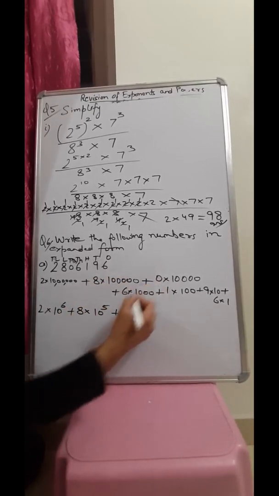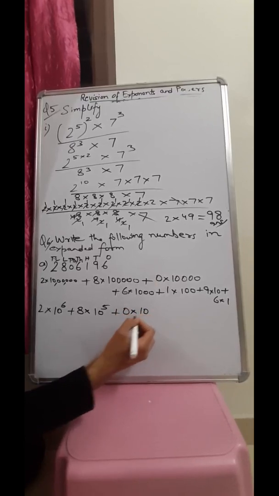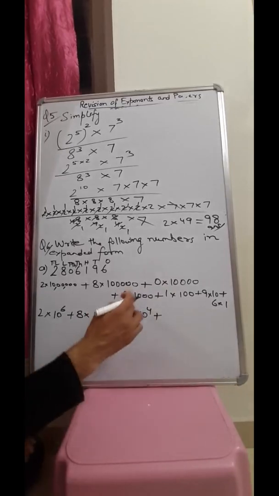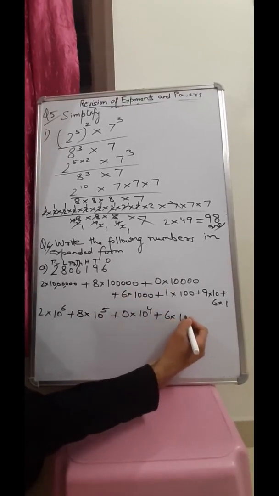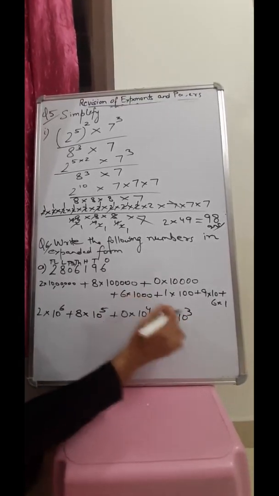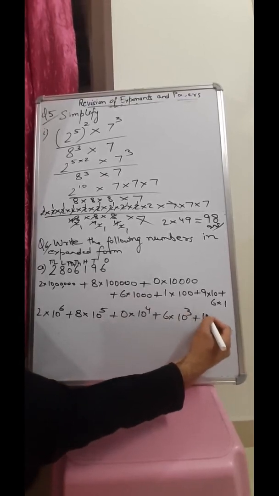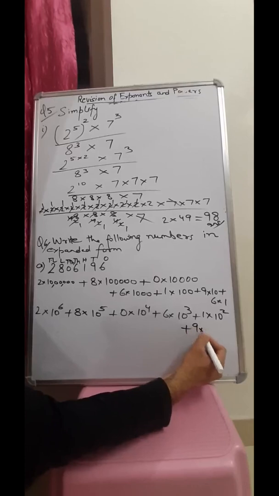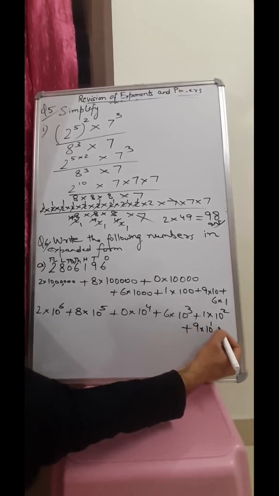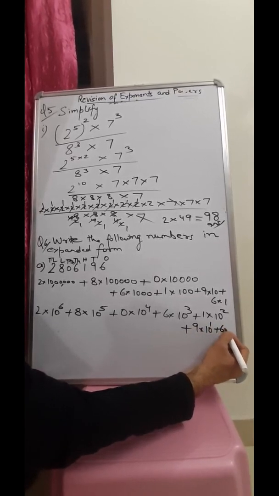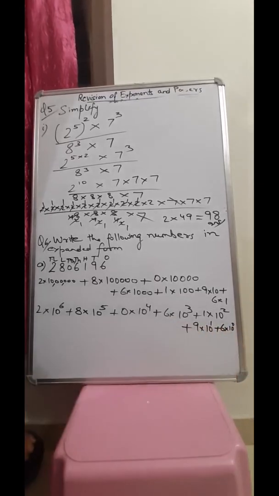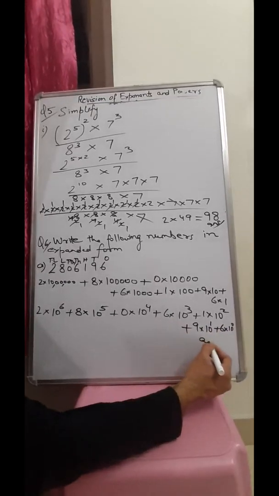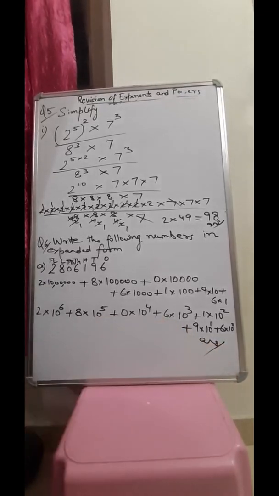So next 0 multiplied by, again the base will be 10 and the power will become 4, plus 6 into 10 to power 3 because 3 zeros are there, plus 1 into 10 to power 2, plus 9 into 10 to power 1, and last 6 into 10 to power 0. So in this way we can write in expanded form using exponents.